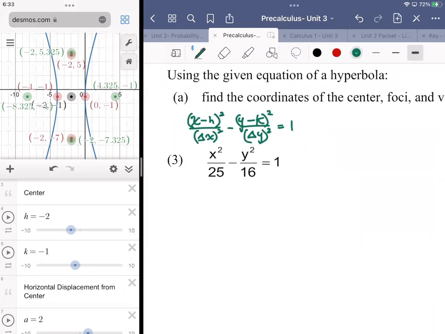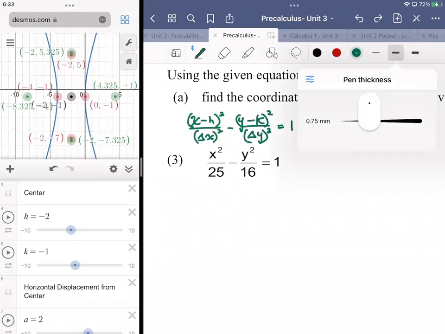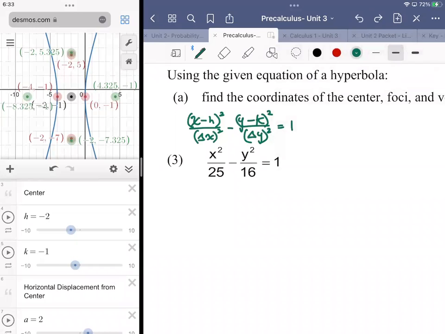So from that, I can see h and k are both 0, because otherwise it wouldn't have simplified down to just x squared and y squared on the top. So my center, (h, k), is equal to (0, 0).